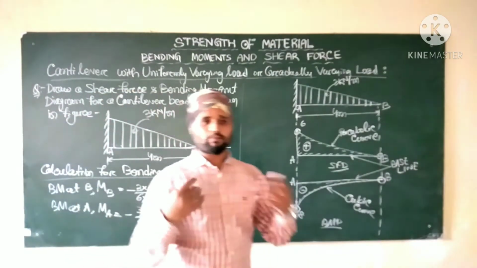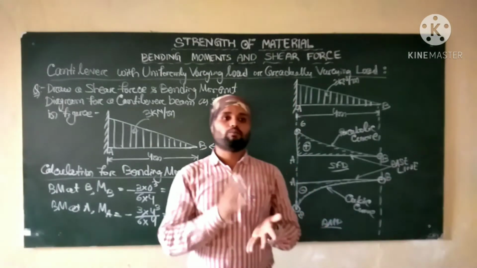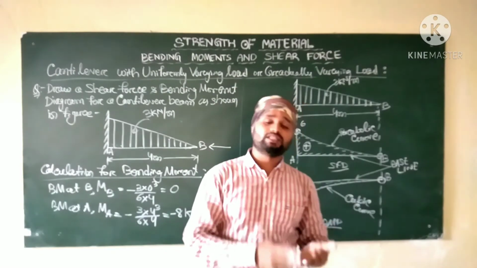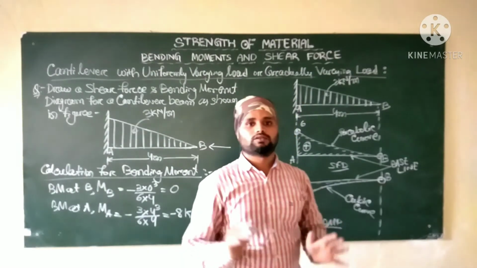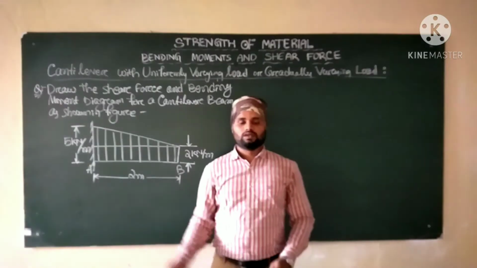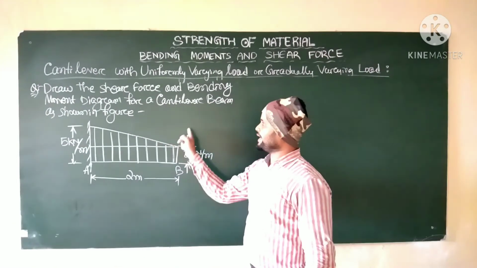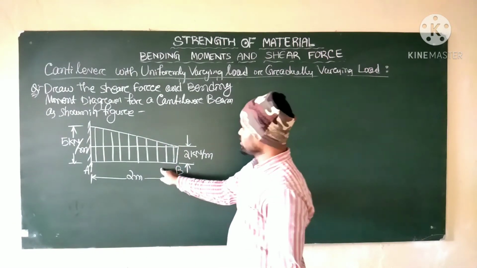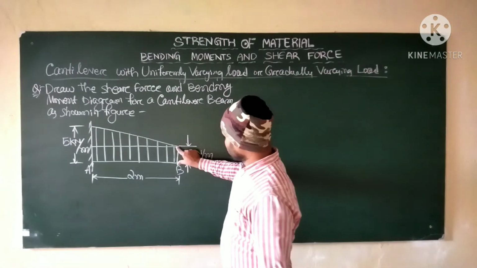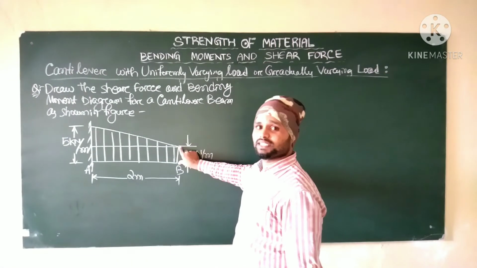Now we will solve another problem where a cantilever beam has a UDL and a UVL, both loads there. Cantilever beam with a uniformly varying load along with a uniformly distributed load. So write the question. Here the question is, draw the shear force and bending moment diagram for the cantilever beam. See, here is the cantilever beam, one end fixed, other end free. Here, from B to A, up to this point, it is a uniformly distributed load.